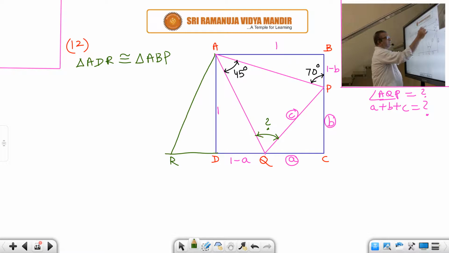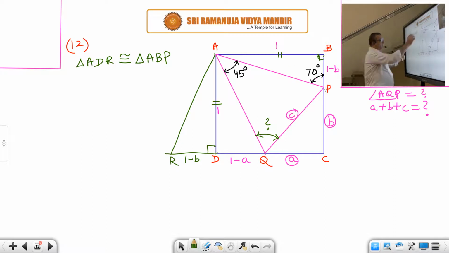Because AB length is 1 unit, AD length also 1 unit. This is 90 degrees here, and here also 90 degrees. And here BP is 1 minus B. Here DR also I will take 1 minus B exactly.